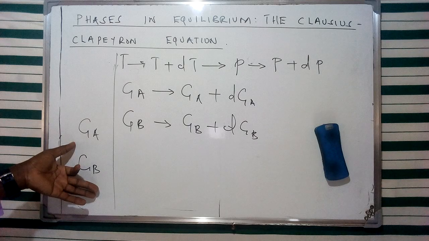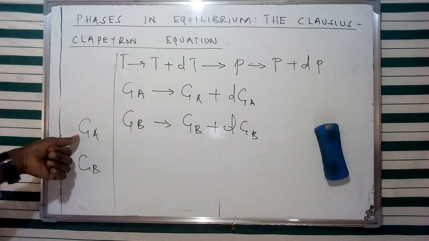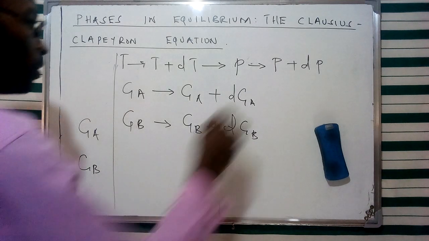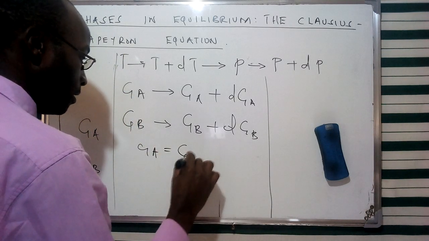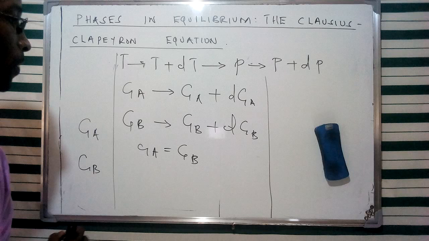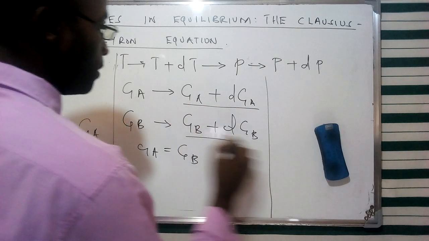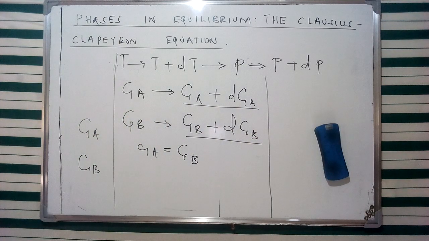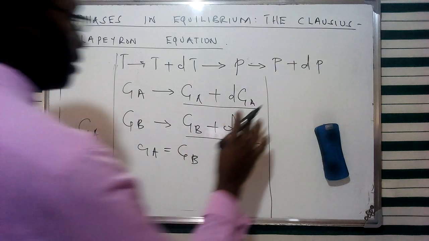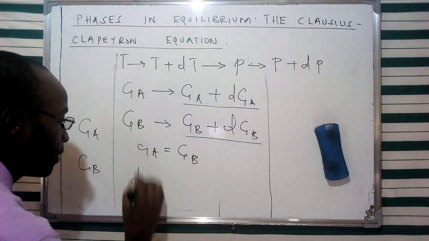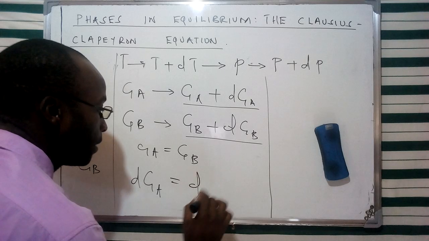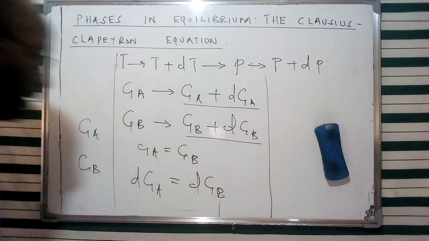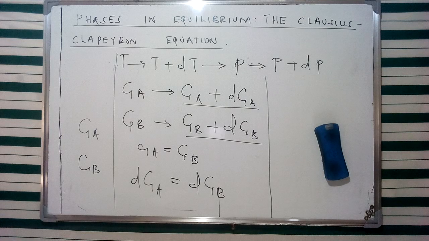So for us to ensure that equilibrium is maintained, Ga is equivalent to Gb. So that at the state of equilibrium, the two are going to be the same. We can take the elements on the right side and do an equation, whereby we're going to see that this change dGa is also going to imply the change dGb of this second phase in equilibrium.